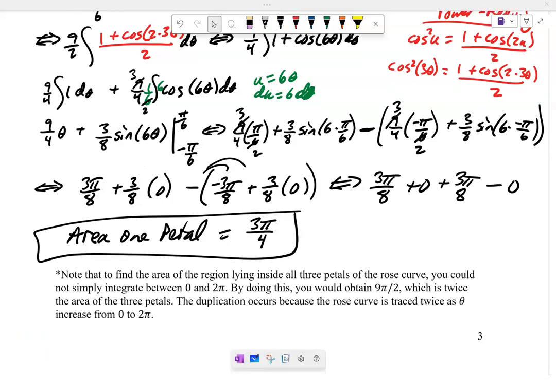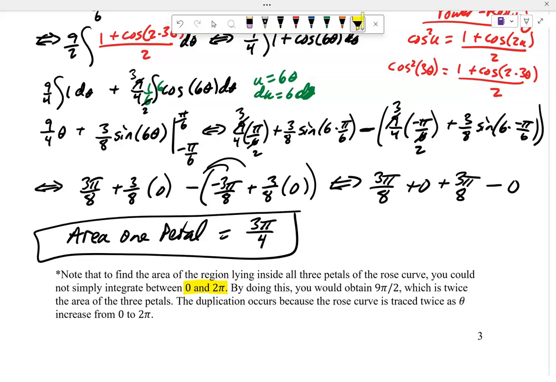I do think it's of note here at this bottom. If you were to find the area of all three, you just multiply this by 3. You don't want to integrate between 0 and 2 pi because that's tracing it out twice.